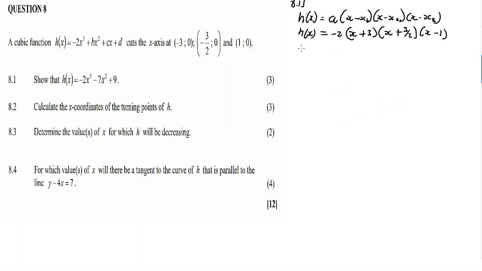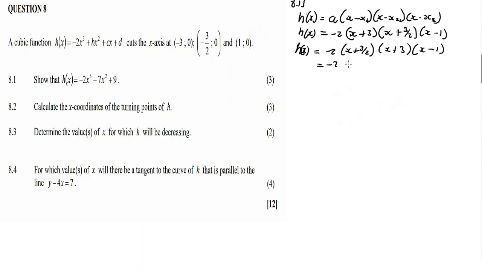Okay, here I think in order to simplify, take minus 2 and multiply it with x plus 3 over 2, so I avoid this fraction. How about I take x plus 3 and x minus 1 and multiply them first.